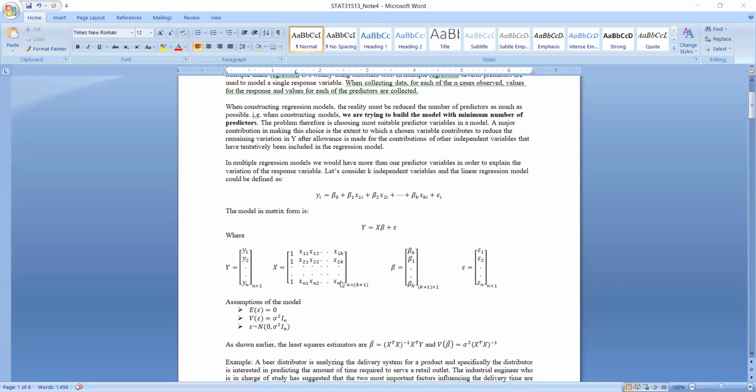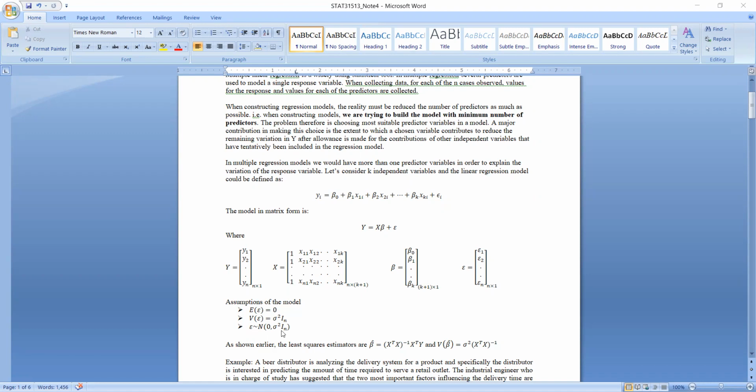As with simple linear regression, we have certain assumptions in multiple linear regression also. Actually, most of the assumptions are the same. We believe that the residuals have a zero mean and a constant variance, and that these residuals are normally distributed with this zero mean and constant variance.